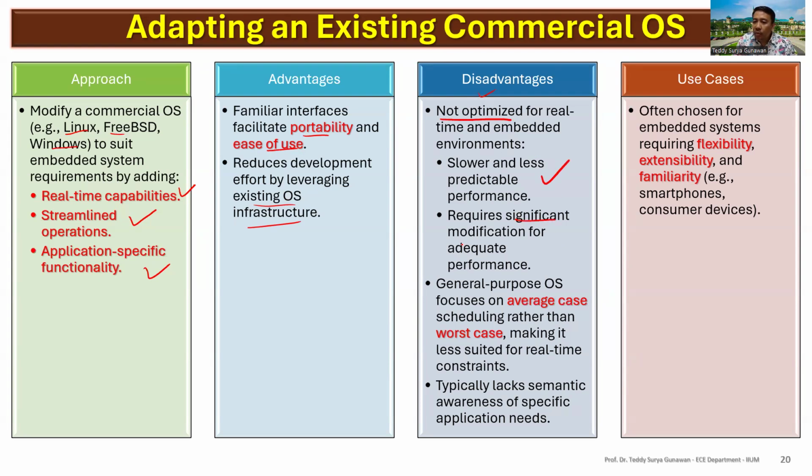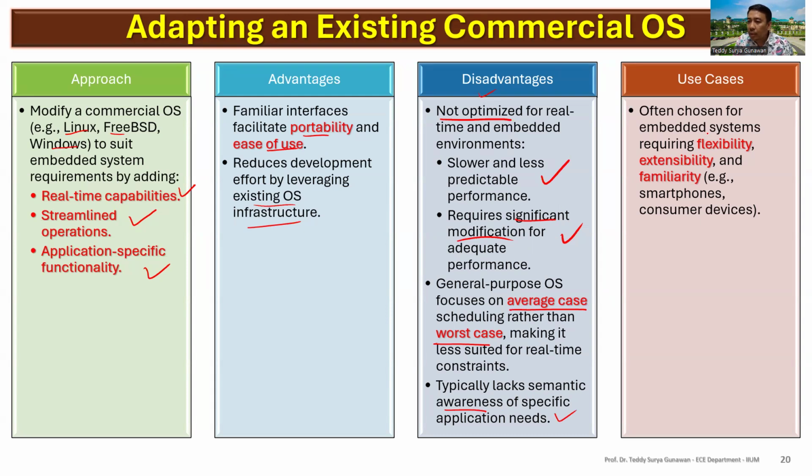It requires significant modification. Okay, so although we say that it is familiar, if you want to target a very small embedded system that has limitations, it requires significant modification. Also, a general purpose OS focuses on the average case rather than the worst case, so on an embedded OS we need to design for the worst case. It typically lacks semantic awareness of specific application needs.